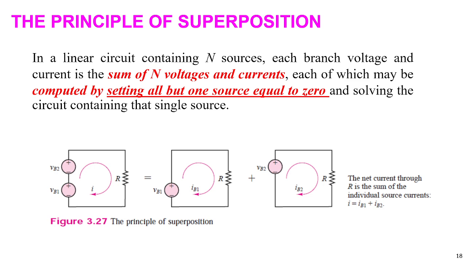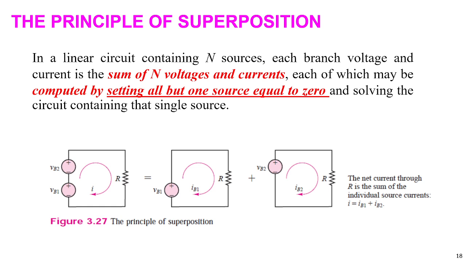For example, if we have VB1 and VB2 in this circuit, we can solve circuit A with only VB1 to solve for IB1. And then we solve the circuit with only VB2.